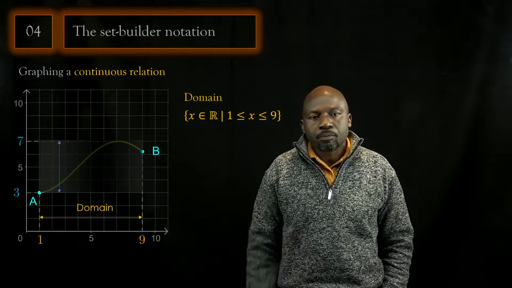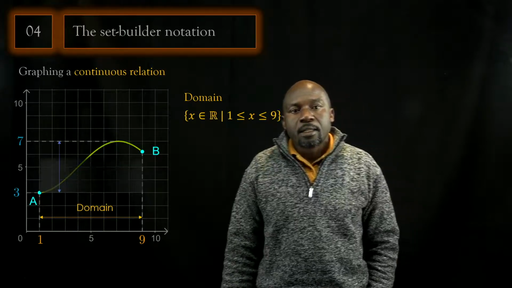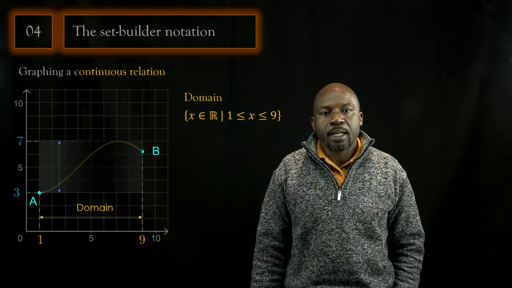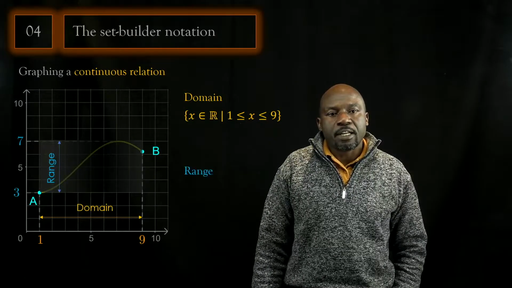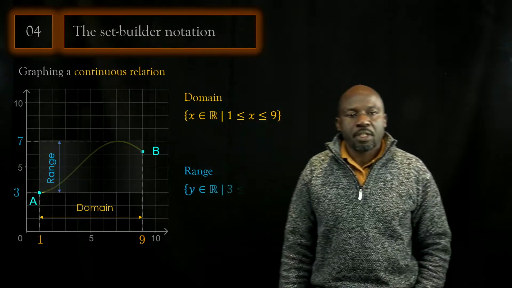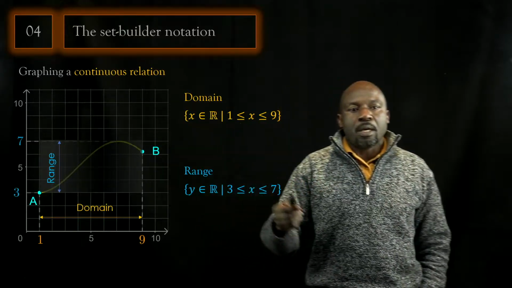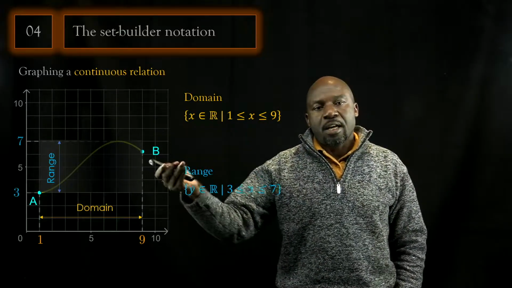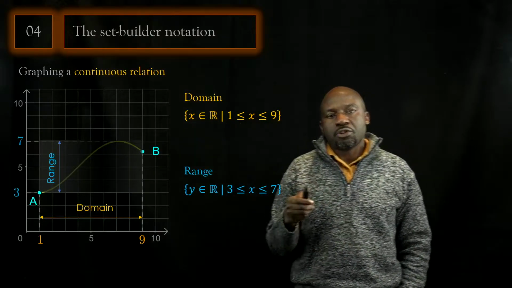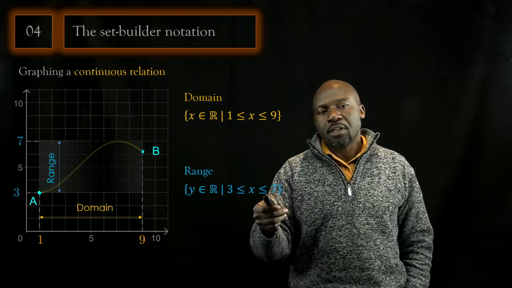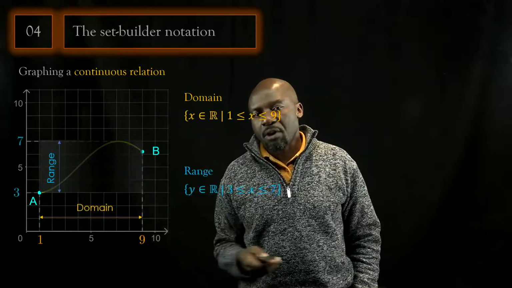So we can represent the range in set builder notation and say y is an element of the real numbers that lie between 3 and 7. I hope this has come out clearly, not just how to write the set builder notation, but also how to see the range just by looking at the graph.